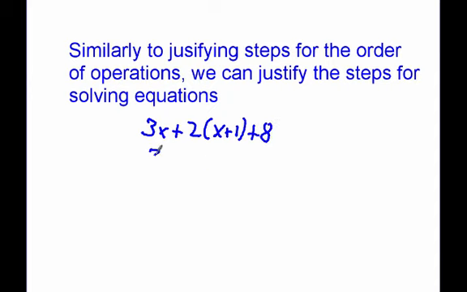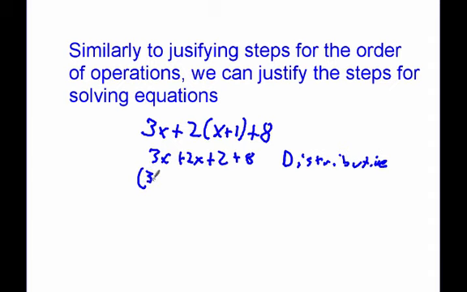Remember, we could say, well, that's 3x plus 2x plus 2 plus 8 because of the distributive property. And then I can say, well, that's 3x plus 2x plus 2 plus 8.